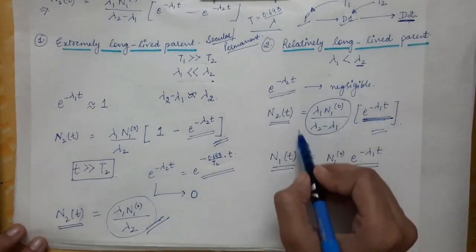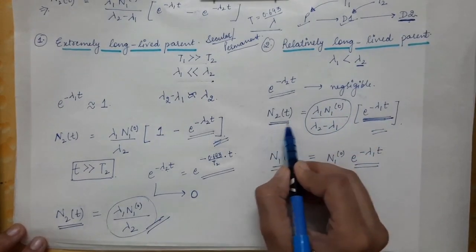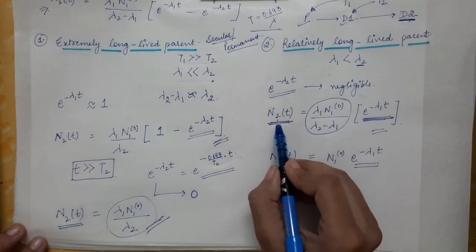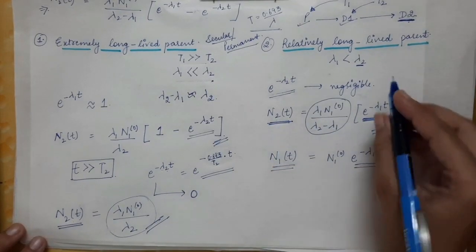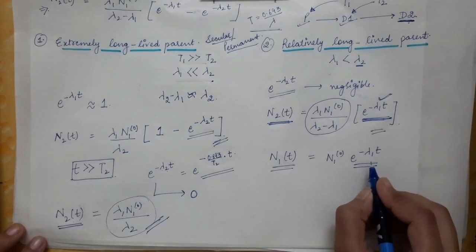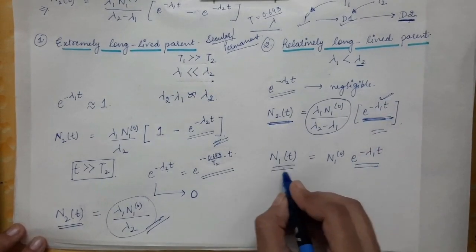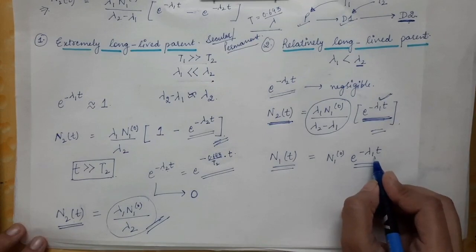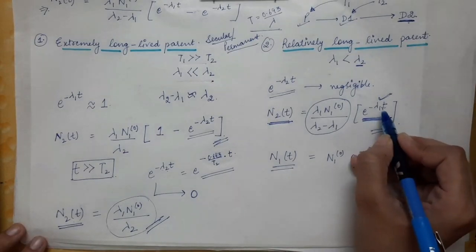So this is a constant value, which means the number of daughter nuclei will decay exponentially with the same decay constant as that of the parent nuclide. The parent nuclide has a decay constant of lambda 1, and here also we have lambda 1.